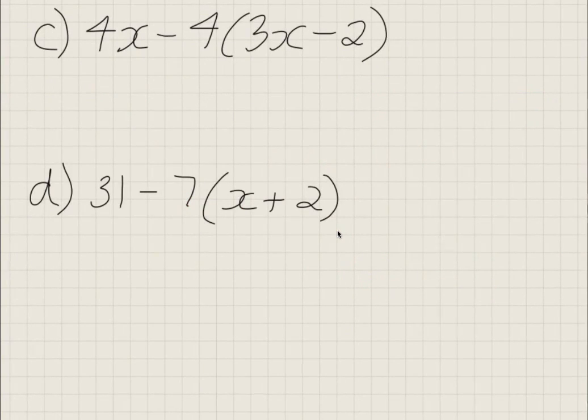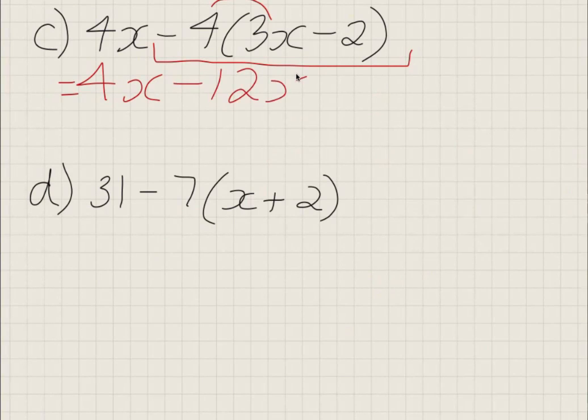In part C, expanding this part here. Now we actually have to expand this whole thing even with the negative sign there, so that will change our answer slightly. 4x at the front, minus 4 times 3x gives minus 12x, minus 4 times minus 2, minus minus makes it plus 8.